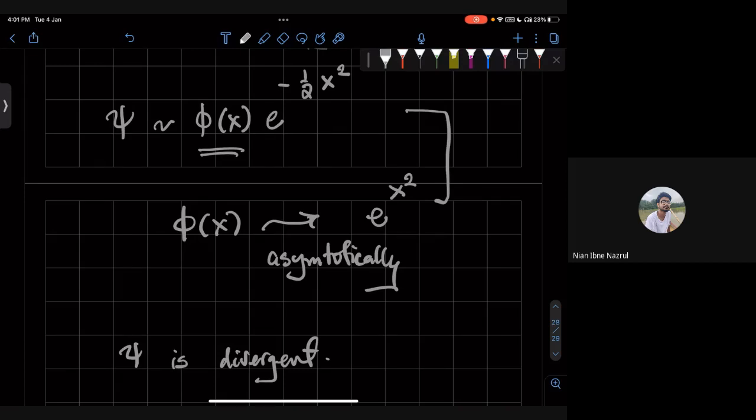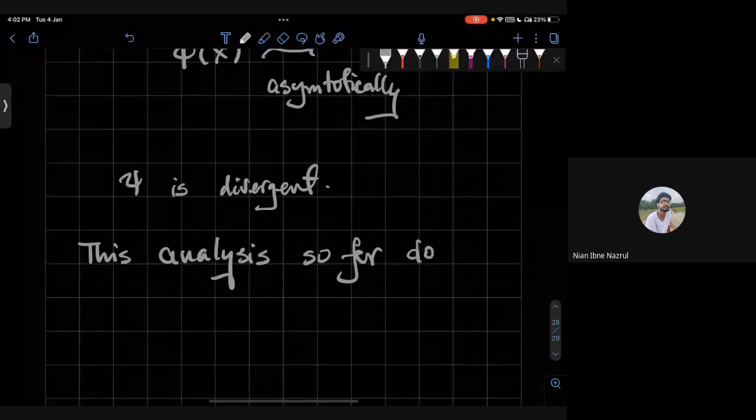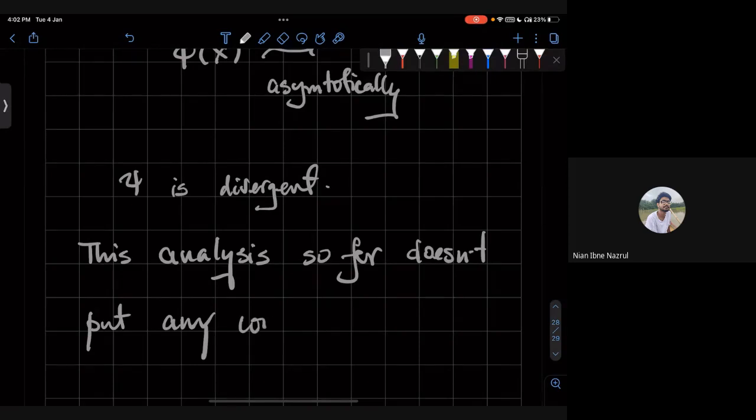So how are we going to be able to solve this? Another thing, note that this analysis so far doesn't put any constraints on lambda, the energy parameter, right?